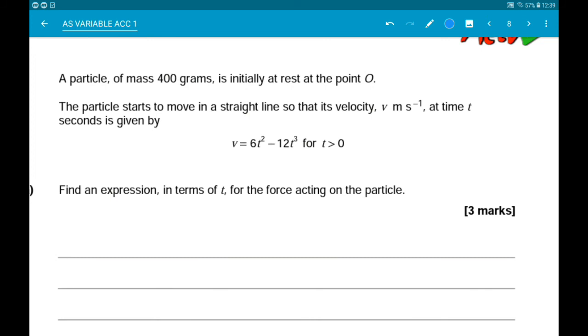Okay, so force is mass times acceleration. Now, be very careful, mass is always in kilograms, so 400 grams is 0.4 kilograms. So we have 0.4A.